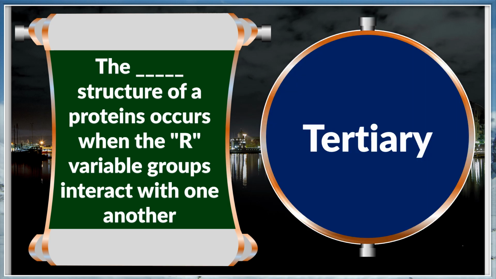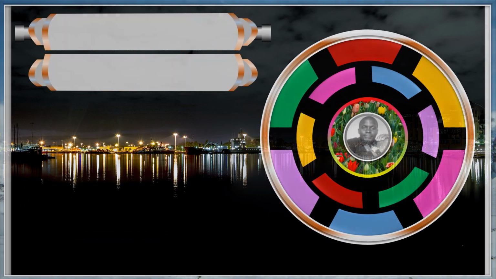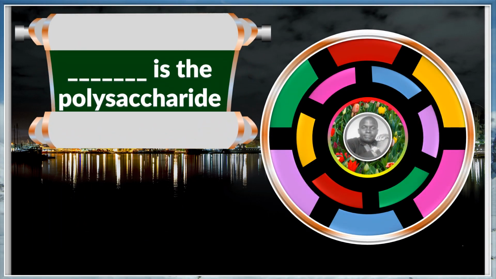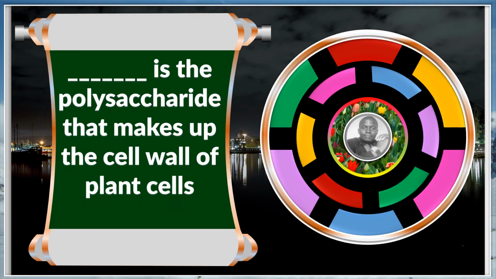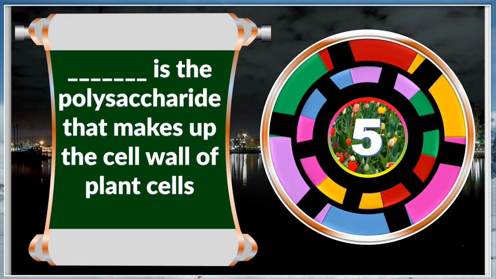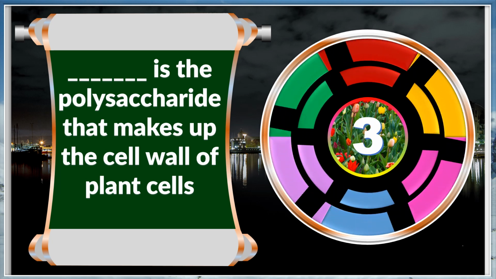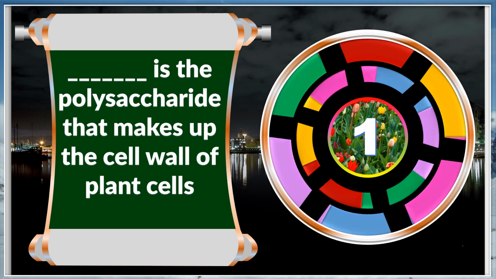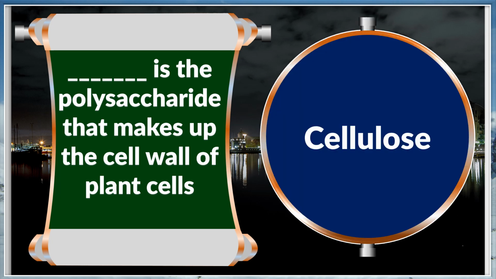Tertiary. Dash is the polysaccharide that makes up the cell wall of plant cells. Cellulose.